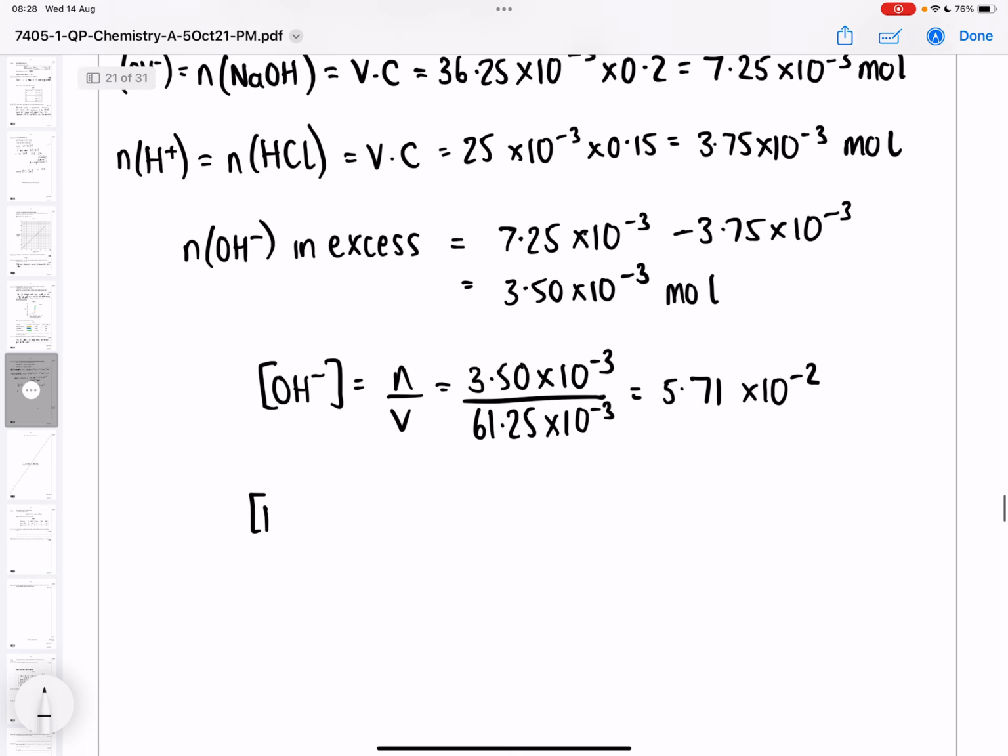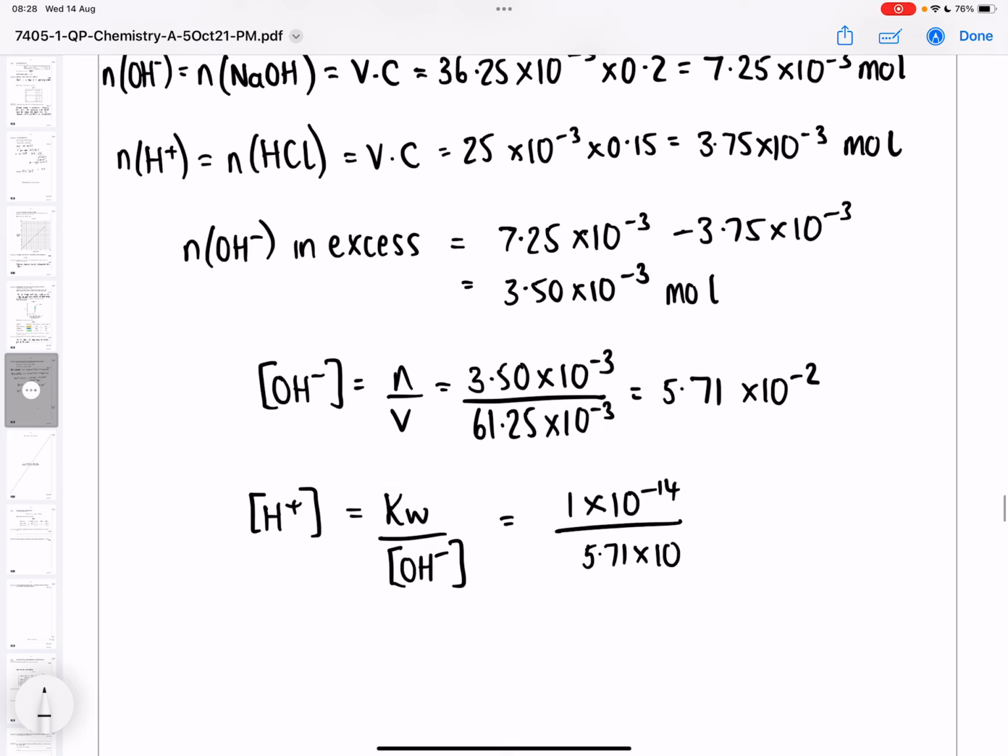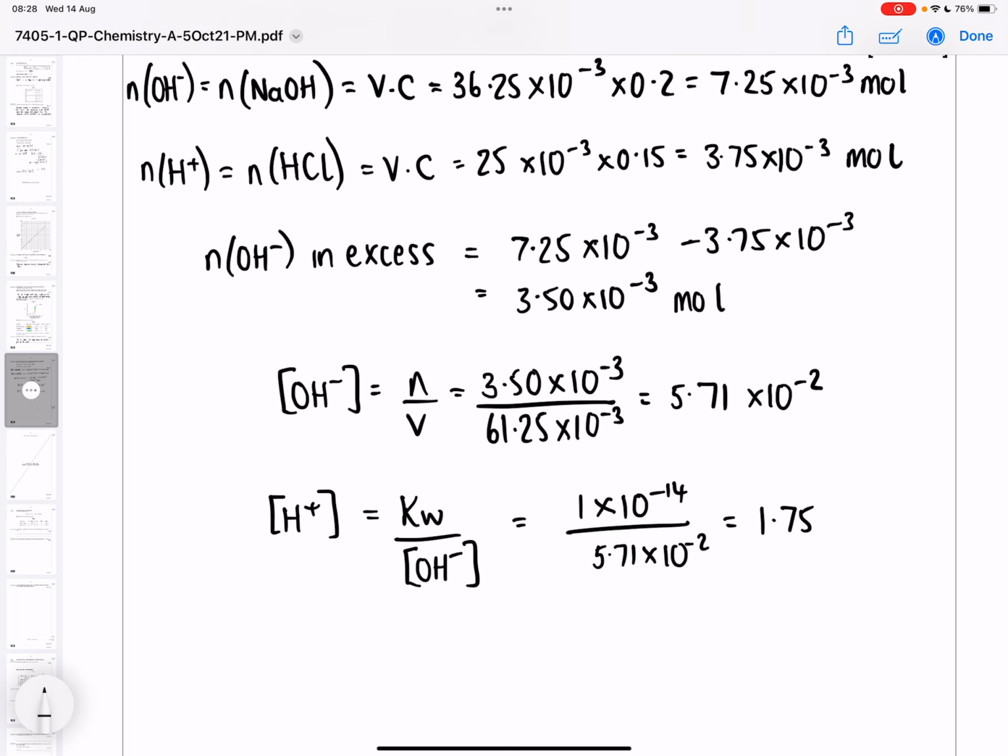And then we're going to work out H plus from the Kw expression, which we were given earlier on, so we can just use it. And it's told us it's 1 times 10 to the minus 14 at this temperature. So we're going to calculate that, type that into your calculator.